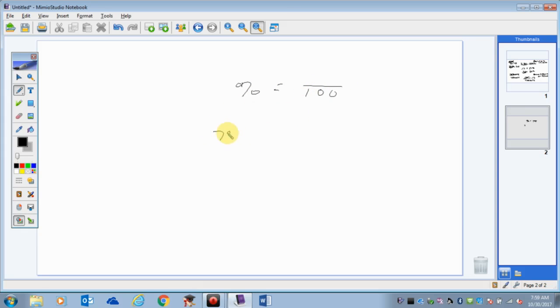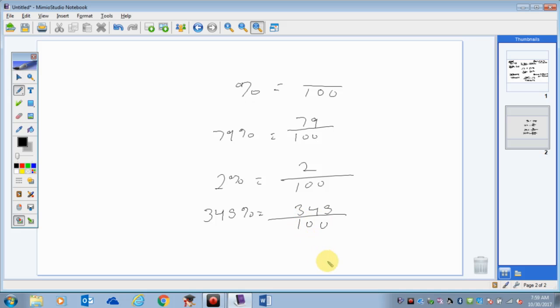So if I have 79%, that equals 79 over 100. If I have 2%, that's 2 over 100. If I have 345%, that's 345 over 100.